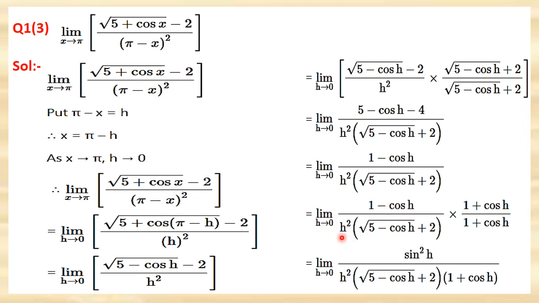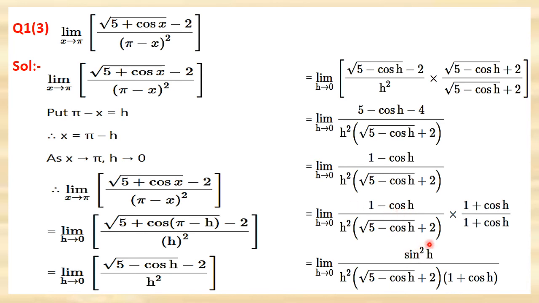Both numerator and denominator are becoming 0. So we will multiply by the conjugate of 1 minus cos h, that is 1 plus cos h upon 1 plus cos h. Then 1 minus cos h into 1 plus cos h will be 1 minus cos square h.